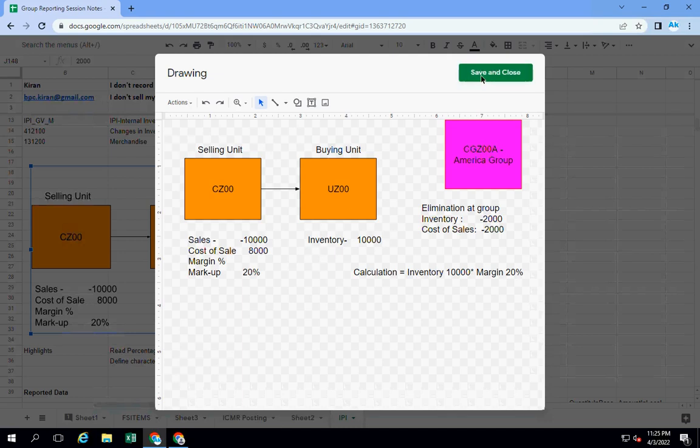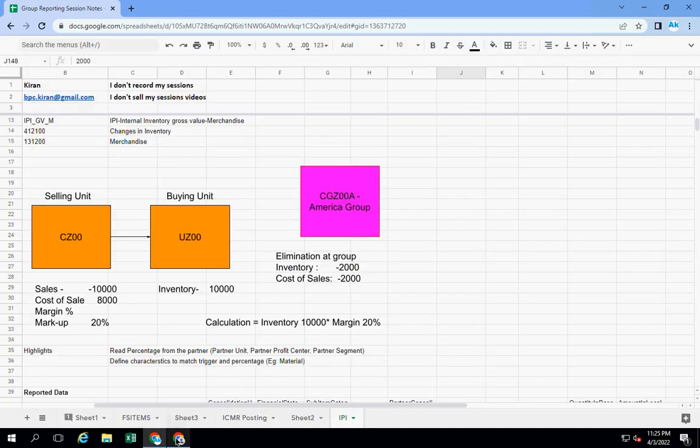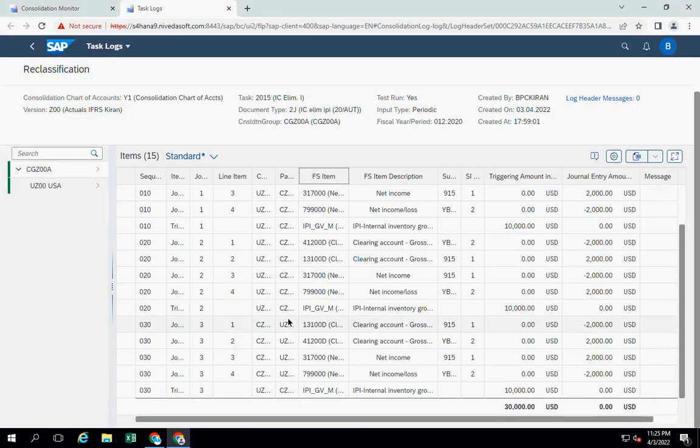Exactly, correct. Whatever intercompany profit he got will be reduced for the inventory that was unsold. So it is reduced from both sides. On one side the net income is reduced, and on the other side the inventory value to that extent is reduced. Exactly, correct.